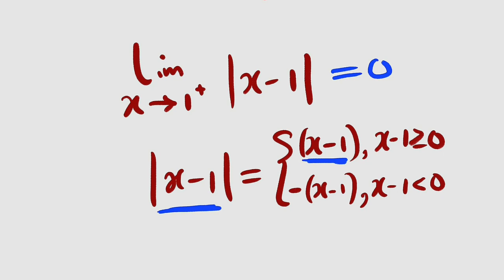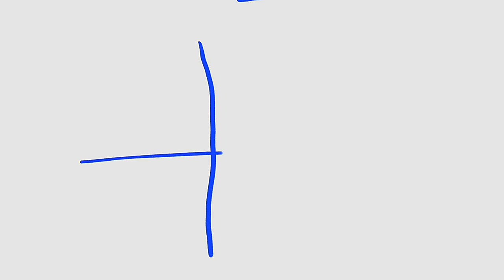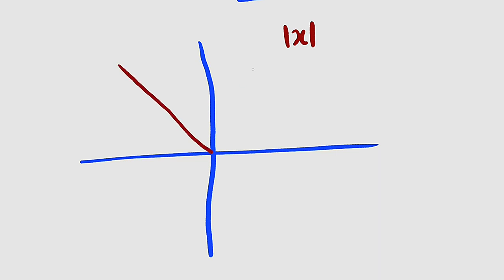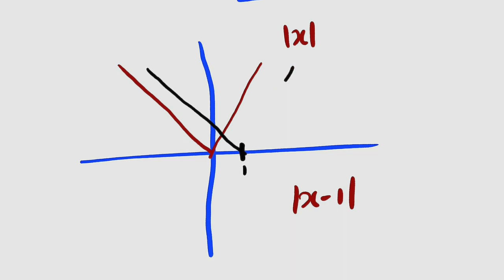And you can look at it graphically if you like. Remember that if you have a y-axis and x-axis like this, the graph of the absolute value of x is somewhat like this from the origin. But the graph of the absolute value of x minus 1 will cause a horizontal shift of 1 unit to the right. So at 1, you have your curve like this.